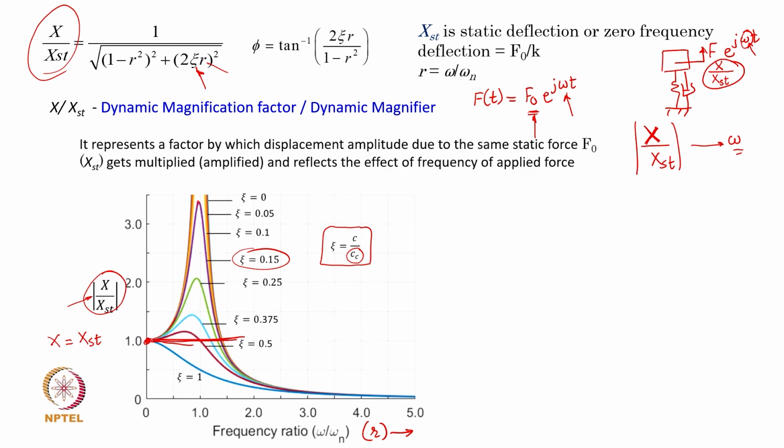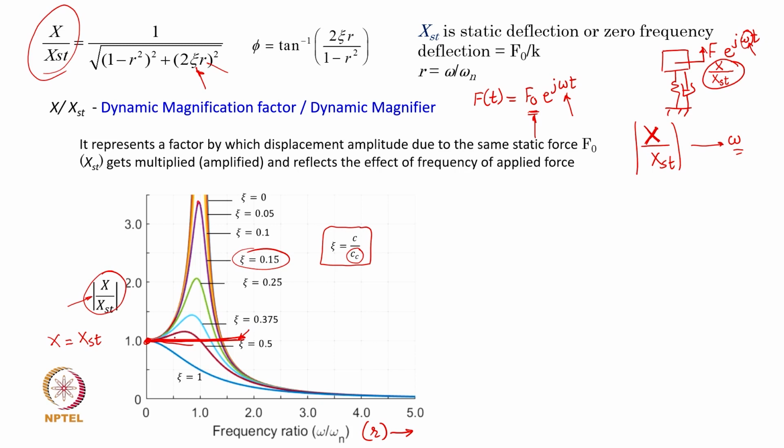So, taking this as a base, if this is the response due to a constant, static force, what change in the response happens when the force is fluctuating, having a certain frequency of repetition, a repetition rate omega?